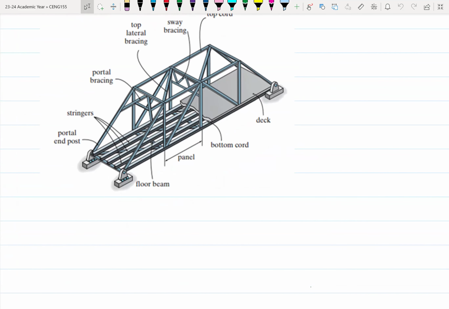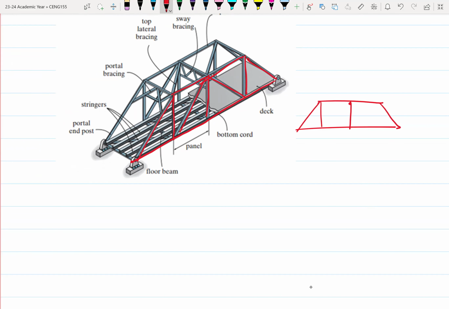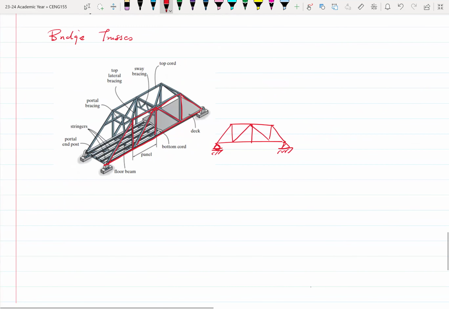So again, if I take this portion here, as you can see, if I draw this again here, then these are my supports. So here's a roller, and then this is a pin support. So this is a typical truss for a bridge.